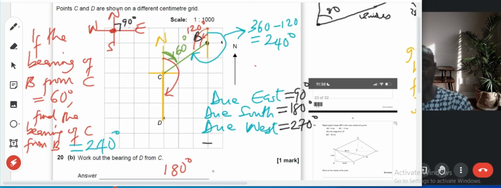And if the one in red is 120, how do we get the value of the one in blue? Everything around a point is 360. So it will be 360 minus 120, and that gives us 240. So the bearing of C from B is 240.